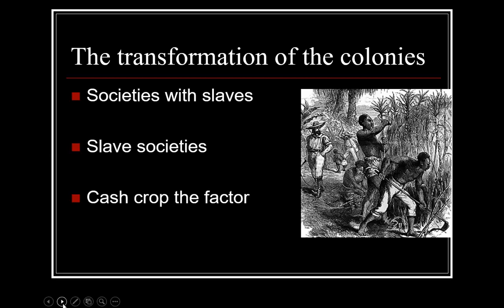And it also reflects what a lot of historians have said recently, that it's important to see enslavement as being very intertwined in the development of the United States. It's not something incidental.